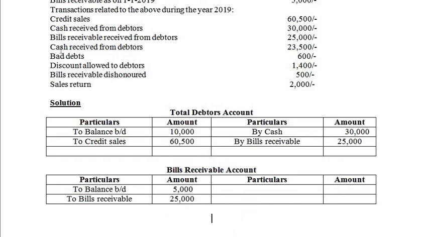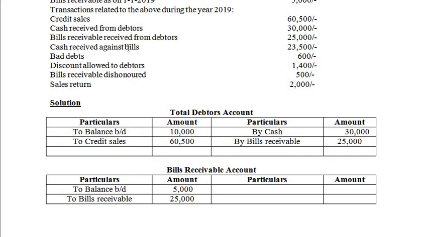Okay, next, cash received from debtors. Now this is a typing mistake over here. This is cash received against bill. Please correct it. So this is cash received against bills.